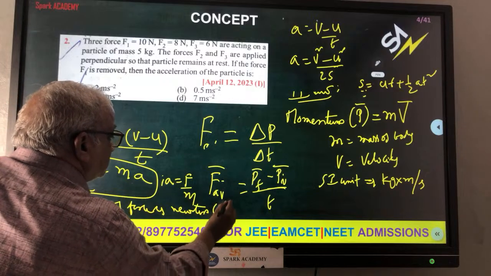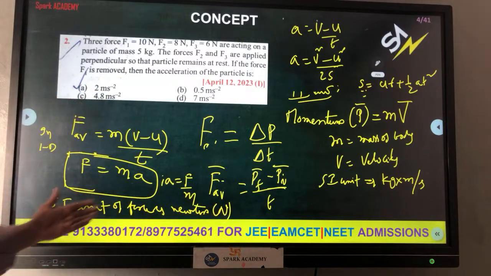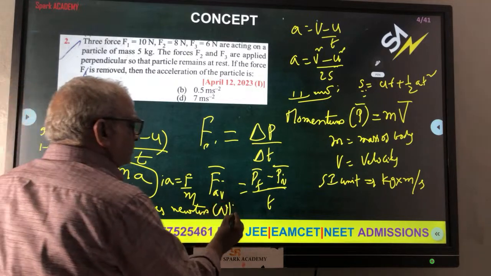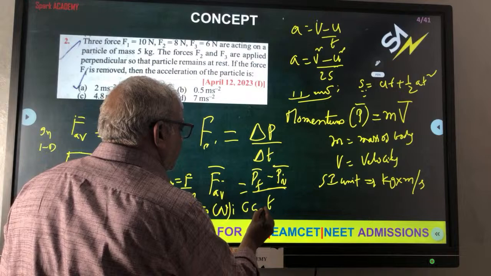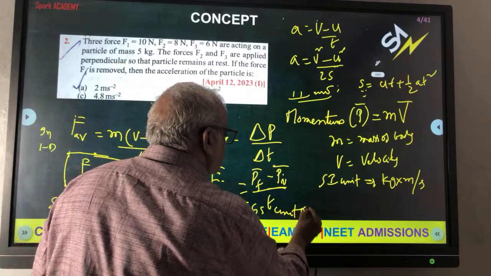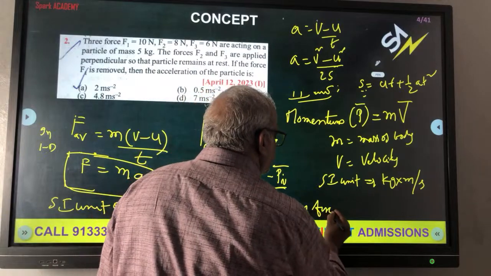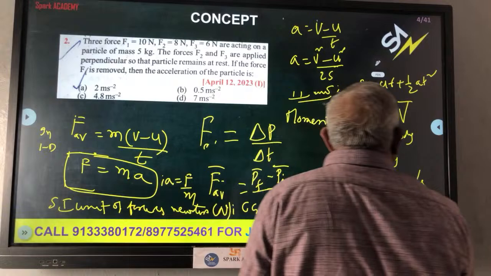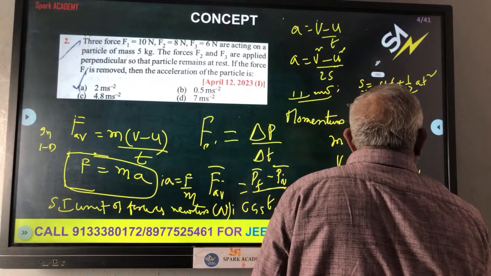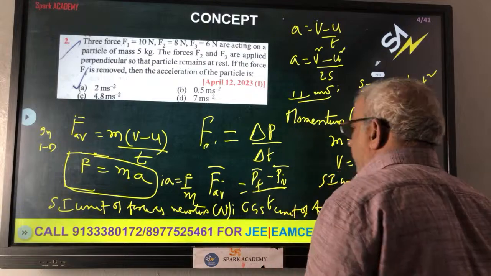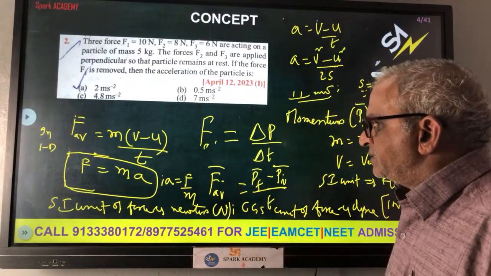Newton will come in all those classes, and it is very important. The CGS unit is dyne. Generally the CGS unit is used rarely, but in mechanics we should know it. The CGS unit of force is dyne. 1 Newton is 10 to the power of 5 dynes, which will be useful in problems given in the CGS system.